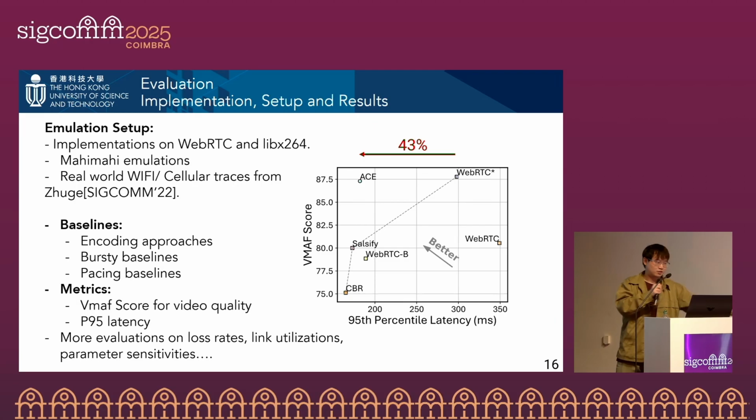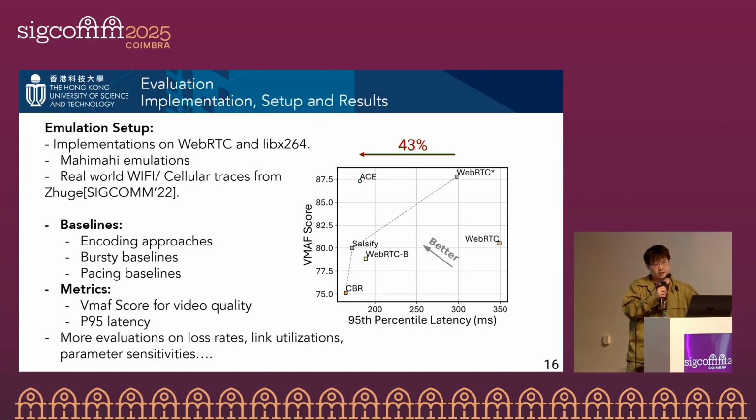And I'll introduce how we implemented and how we tested ACE. We implemented our system in both WebRTC and a widely used encoder called x264. Our main evaluation is performed through Mahimahi emulations. We use real-world network traces from both Wi-Fi and cellular networks.